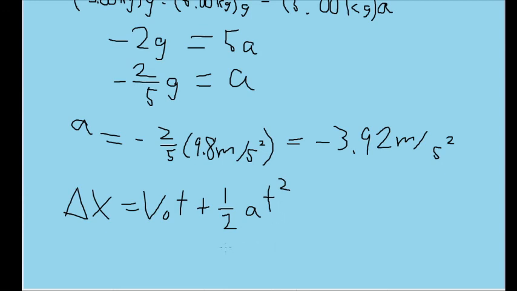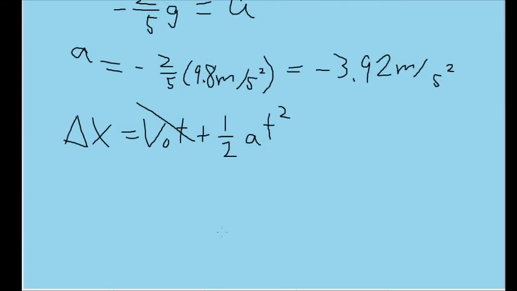In this case, the problem specifies that we are releasing the object from rest submerged in the fluid. So the initial velocity will just be equal to 0, so we can ignore this term, and all that we're left with is that the change in position is going to be equal to half of the acceleration times the time squared.